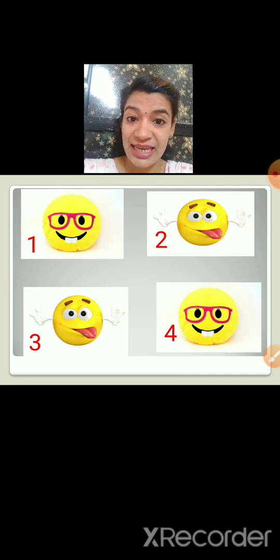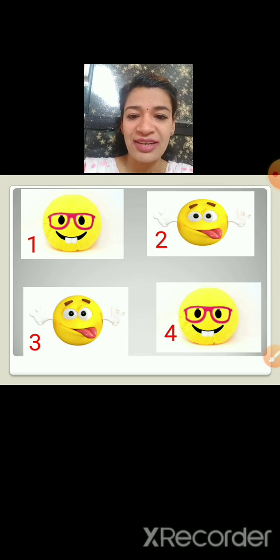Now, if I say number 1 and number 2 are the same, no, they are different. Number 3 and number 2 are the same, but number 3 and number 4 are different. So, how am I going to say it?